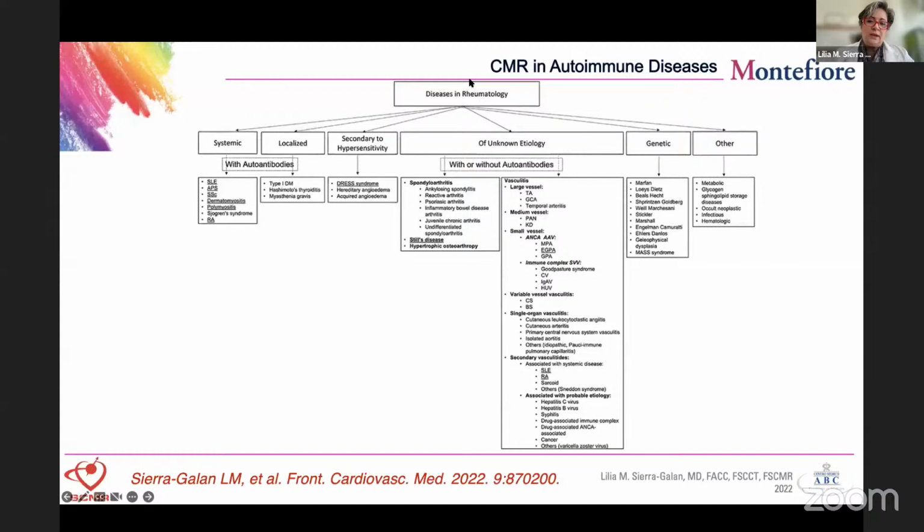So we divide the diseases in rheumatology in systemic, localized, secondary to hypersensitivity, of unknown etiology, genetic, and other.